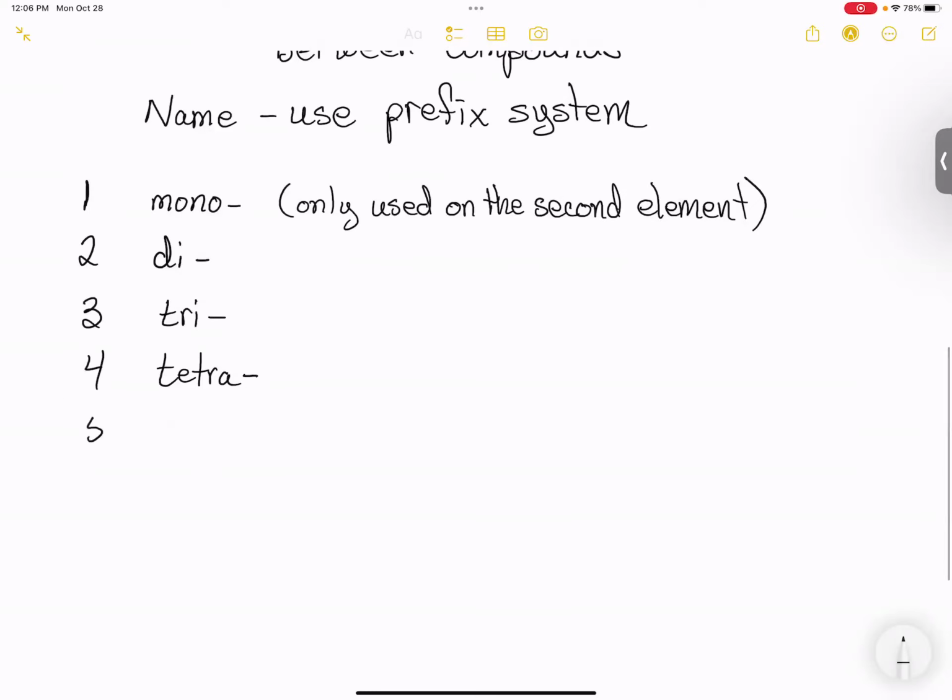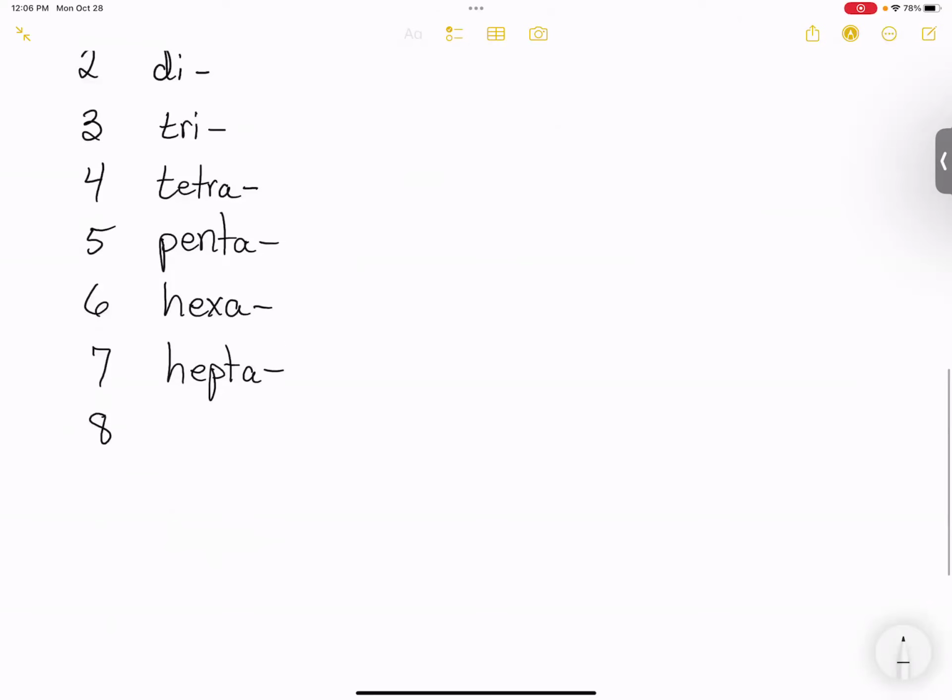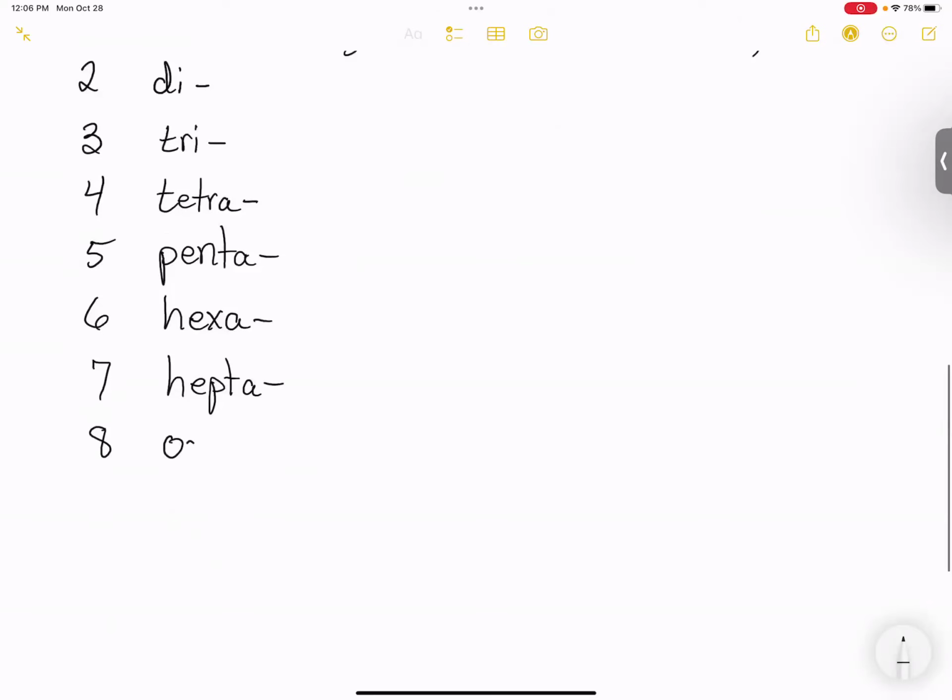For 5, it's penta. 6, hexa. 7 is hepta. 8 is octa. 9 is nona. And 10 is deca.